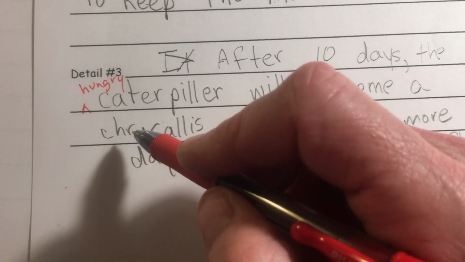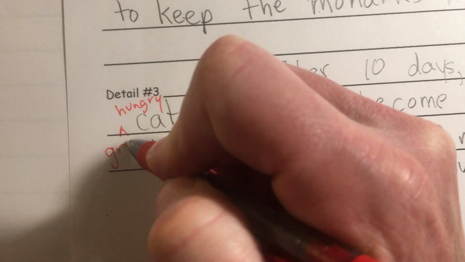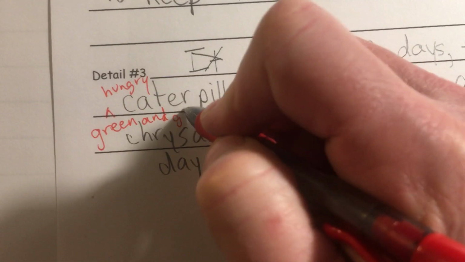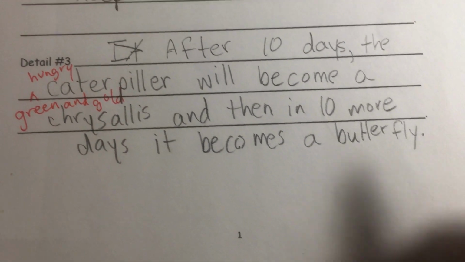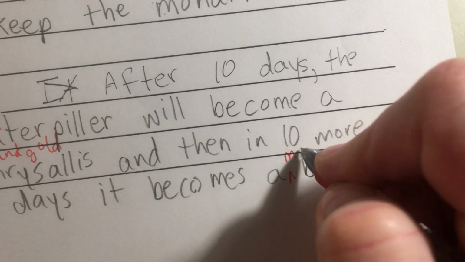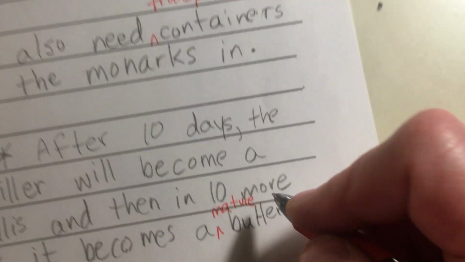We know it's green. How about a green and gold chrysalis? And then after 10 more days, it becomes a mature butterfly. How about that? Mature. Or how about mature and then what color is it?